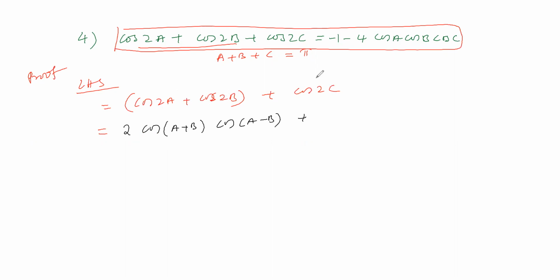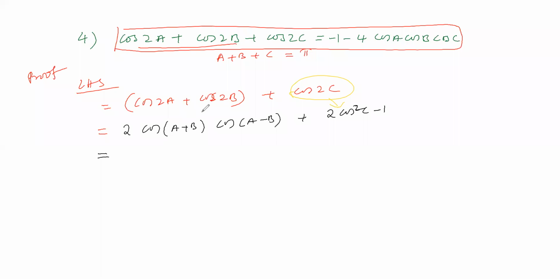What is the cos 2C formula? 2 cos square C minus 1. You know the cos 2 theta formula is 2 cos square theta minus 1. Now see here, A plus B is there.